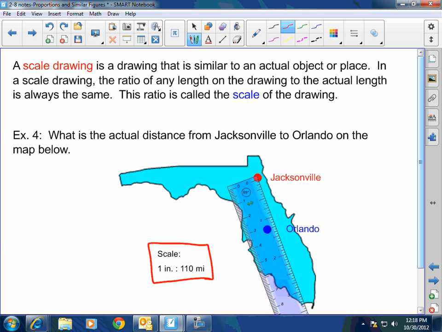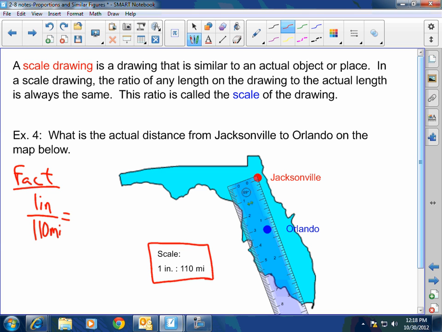Okay? Guess what? The scale is your fact, isn't it? So I want to find the actual distance from Jacksonville to Orlando. Well, we're going to set up a proportion. My fact ratio is that 1 inch equals 110 miles. That's my fact for sure, 100%.